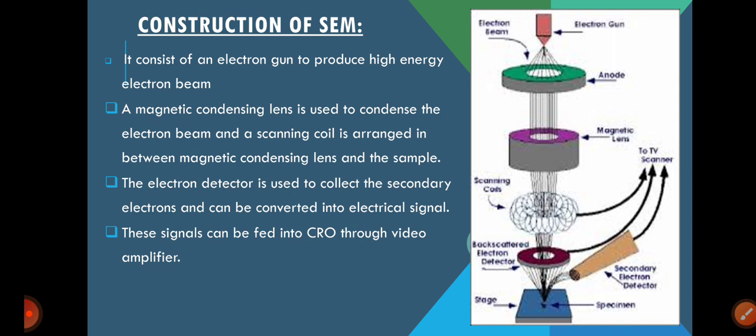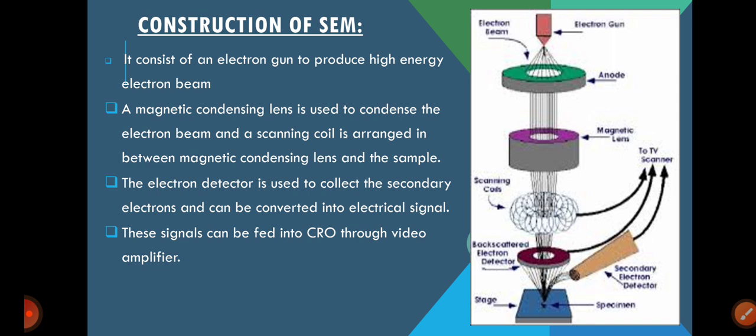To detect the secondary electrons, we keep a detector. Why? Because it collects the secondary electrons and converts them into an electrical signal. By collecting that electrical signal, we can get it through a video amplifier to the cathode ray oscilloscope.